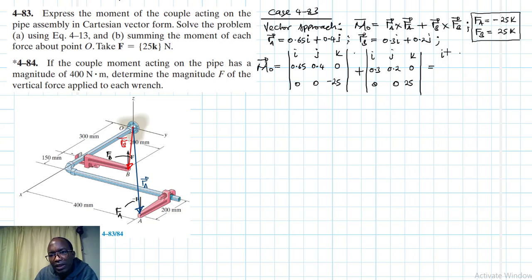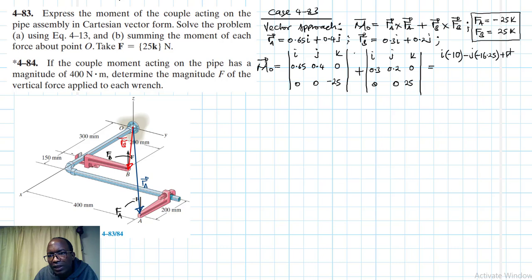We have i there. In the first case, i, then where's my calculator? That's minus 25 by 0.4. It's a minus 10 here. Okay, then minus j. What do we have? That's minus 25 by 0.65. This is a minus 16.25.